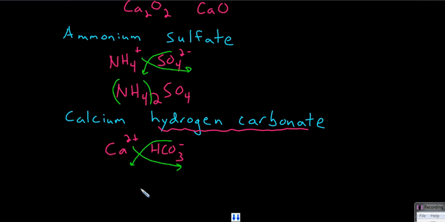So we get Ca(HCO3)2. Anytime you have 2 or more of a polyatomic ion like this, you need parentheses around it, because it's not that we'll have 32 oxygens, but that we'll have 2 hydrogen carbonates.